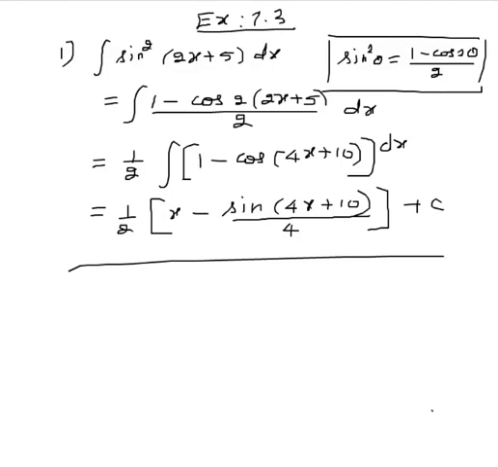Now let's do question number 10 because that also has even power. Question 10 and 11 we will do. Both are having sine and cos functions with even powers. Integral of sine power 4 x dx. 4 is an even power, so we use the same identity.